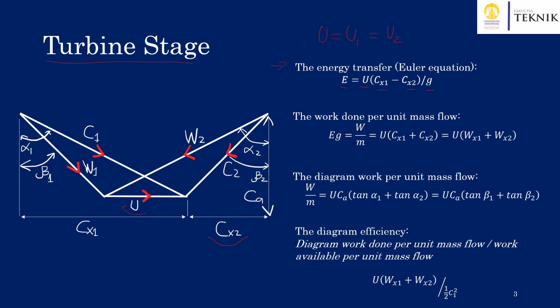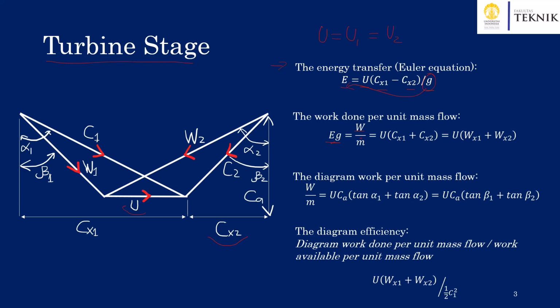So to further calculate the amount of work done per unit mass flow, we can combine the energy transfer multiplied with gravity. So this one moves here. We have E multiplied by the gravitational acceleration, which will be equal to work divided by the mass flow rate.